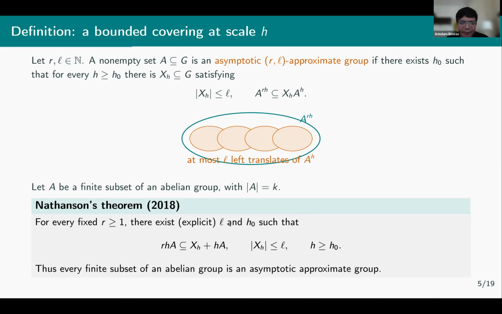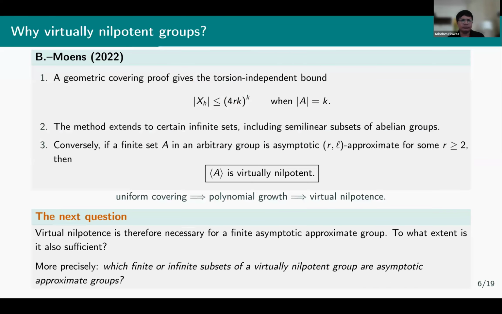He explicitly gave some bounds on L, which were later improved.